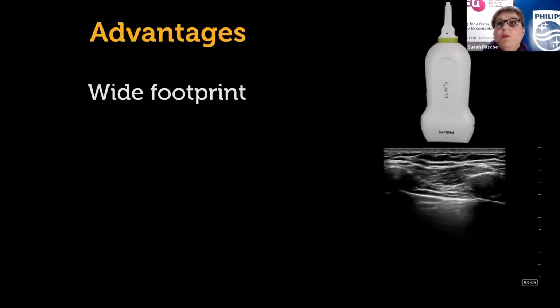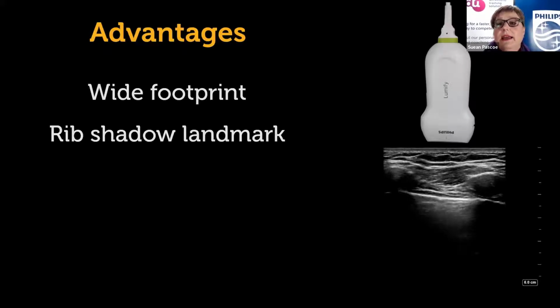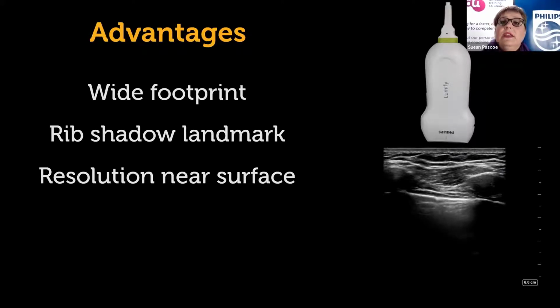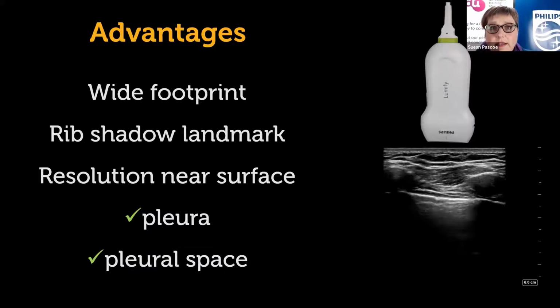The advantage is that wide footprint does let you see the pleural line and a rib, so that you've always got that landmark and anchor with the rib shadow to position where you are and to identify where that pleural line is. The near field resolution is really good, so it does give you better definition of the pleural line. And it's good for the pleural space as well.